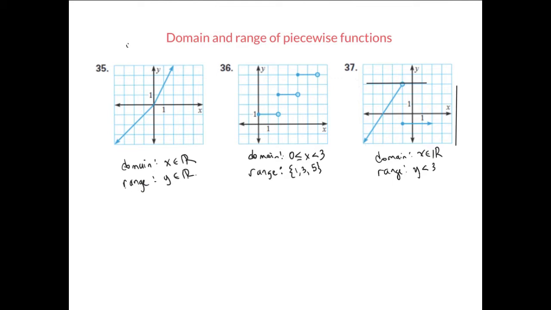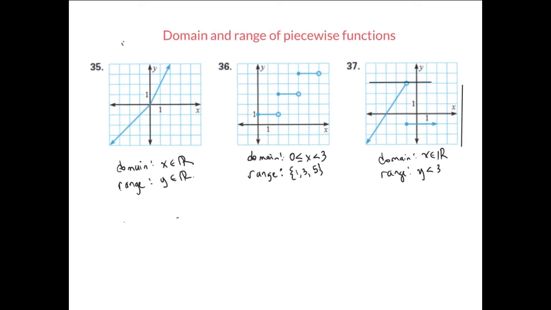The thing we were talking about in class at the end was interval notation. So interval notation, you write the intervals between which the graph falls, and if an endpoint is included, you put a bracket, and if it's not included, you put a parenthesis.